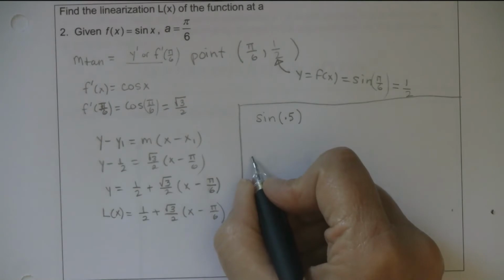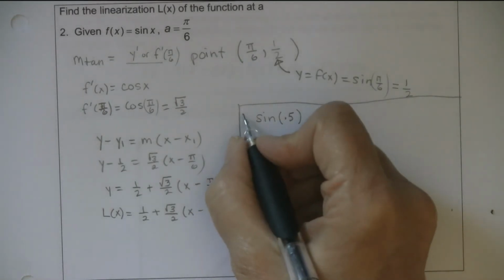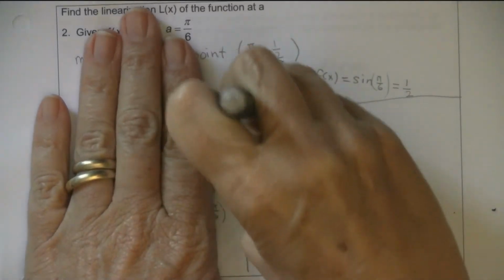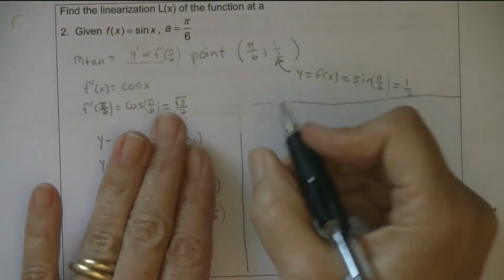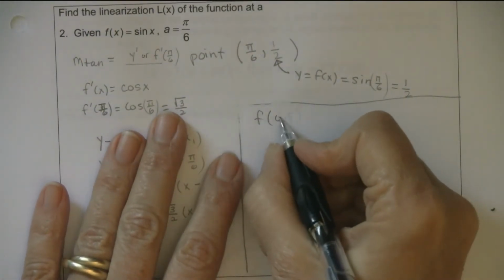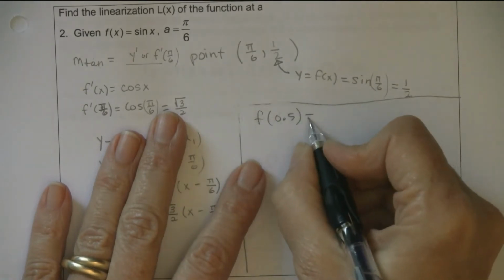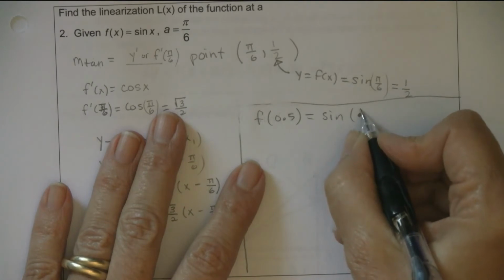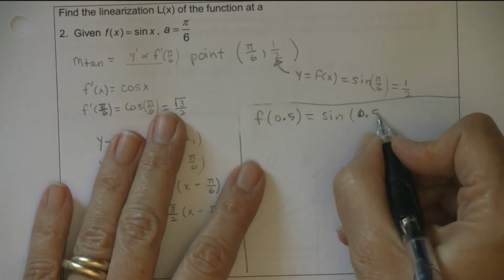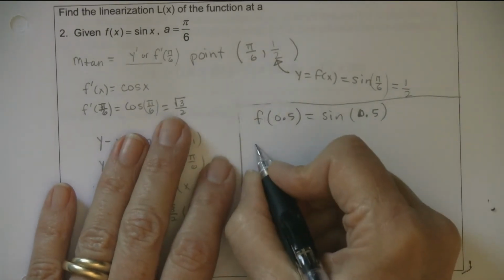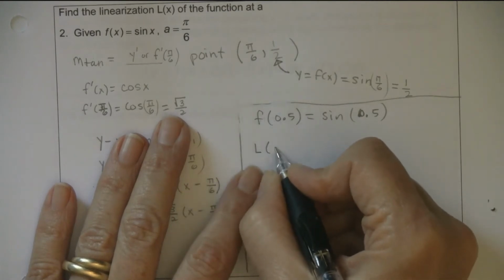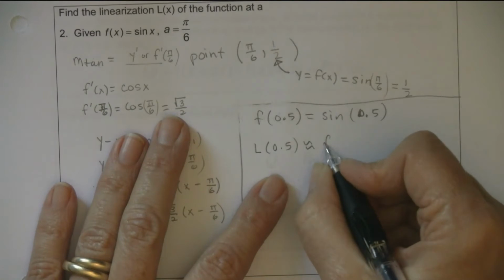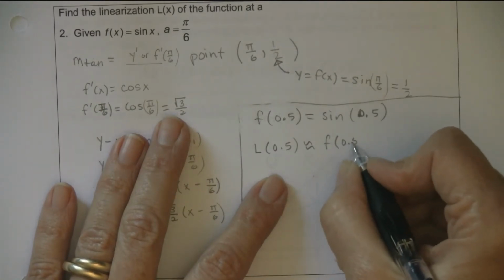And so you can approximate, this is f at x, f at 0.5. So you can use L of 0.5 to approximate f at 0.5.